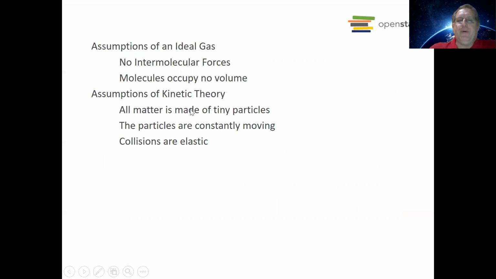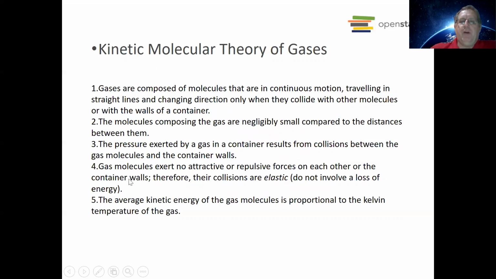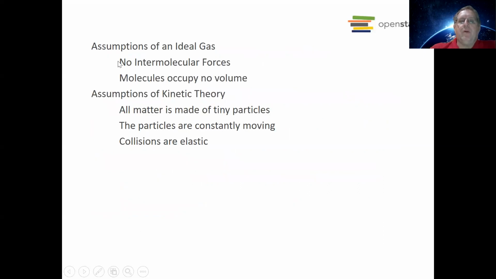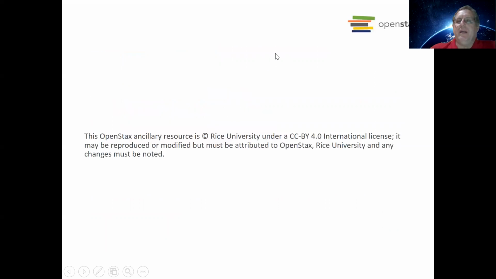The kinetic theory is the one that says everything is made of tiny particles that are moving and have elastic collisions. Looking back here, you can see both of these are mixed together into the kinetic molecular theory of gases. However, when we look at a real gas, we really are looking at these two assumptions. We will look at that in another video.